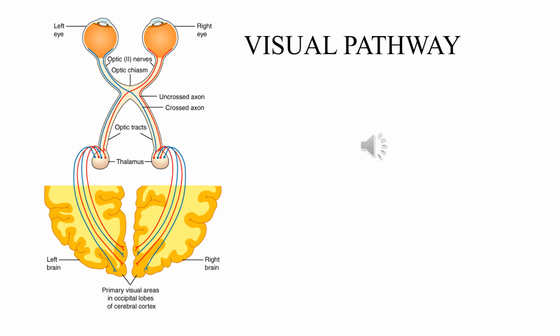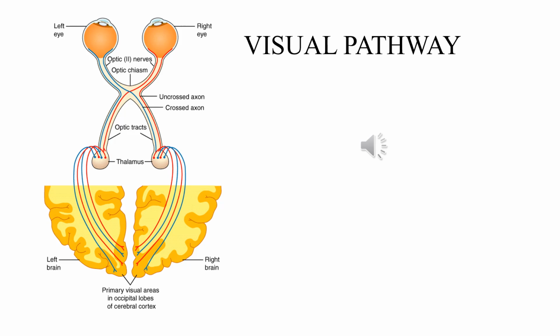So the optic chiasma gives origin to the optic tracts, which pass around the cerebral peduncles. In this diagram you can see the optic tracts which are formed from the optic chiasma. These are passing around the cerebral peduncles, which are basically the midbrain portion.